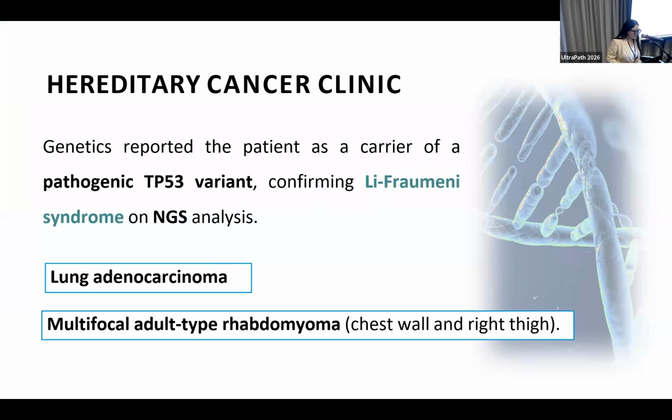The Department of Genetics confirmed that this patient was a carrier of a pathogenic TP53 variant, confirming the Li-Fraumeni syndrome. Well, the final diagnosis for this patient was the lung adenocarcinoma and the multifocal adult rhabdomyoma.